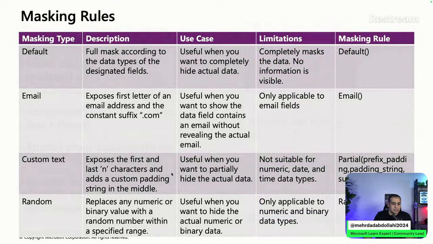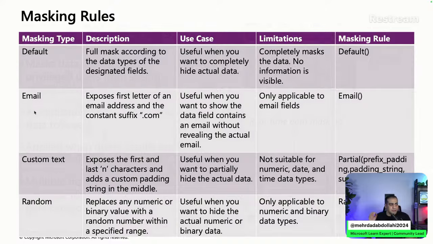For example, we have the default masking that masks all the characters in the cell of that table, which is just marked as XXX, and it is useful when you want to completely hide your actual data. And the masking rule is called default.